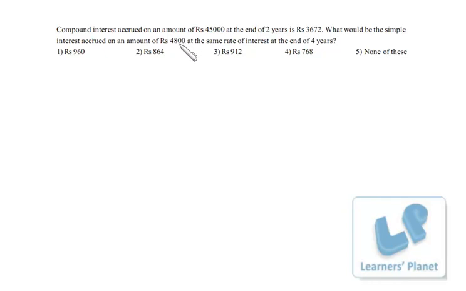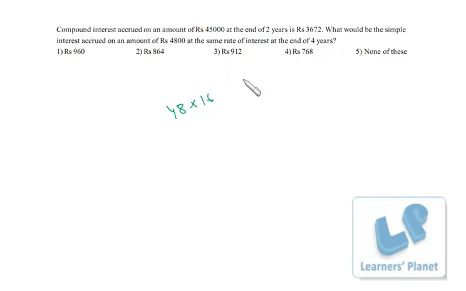But it is a bit less than 5,000, so our simple interest for 4 years will be a bit less than 800. So our answer over here, that is less than 800, is one single option, that is 768. If you are confused, you can do it this way, right? That is 48 into 16, so you'll be getting 768.